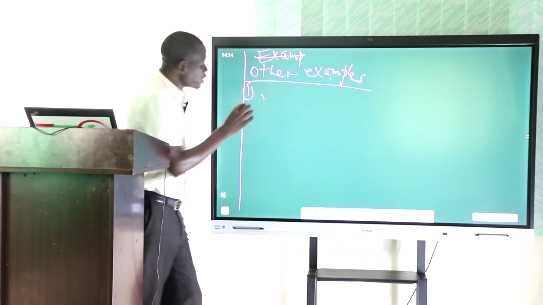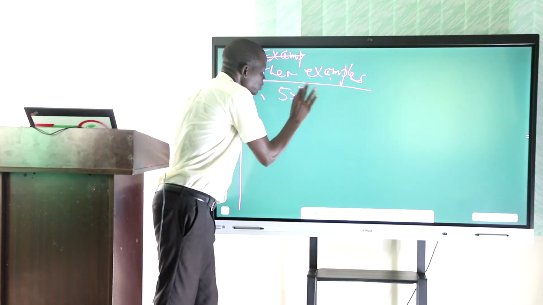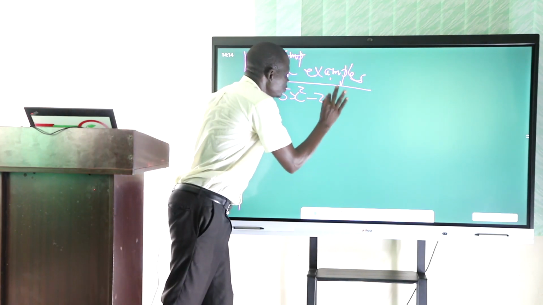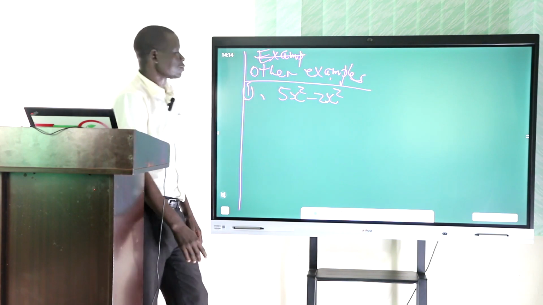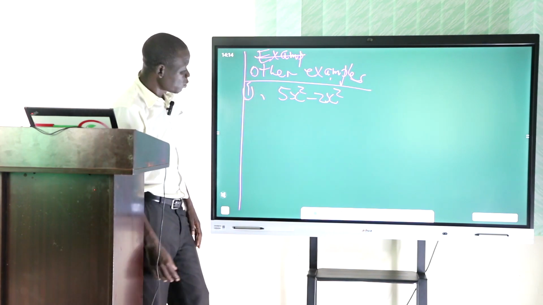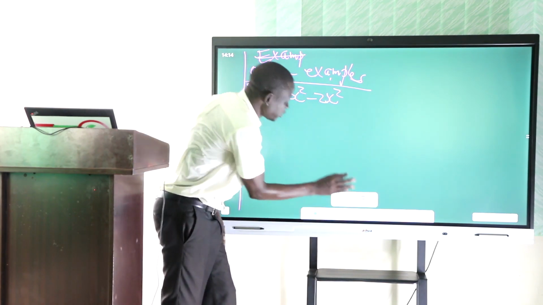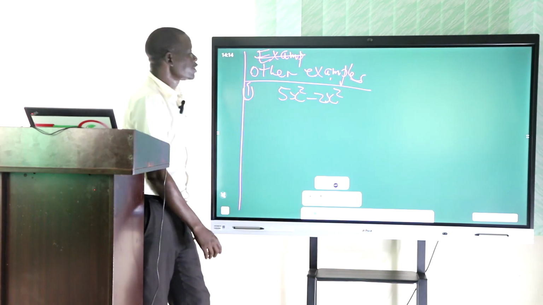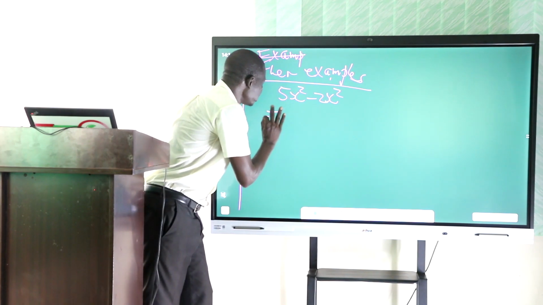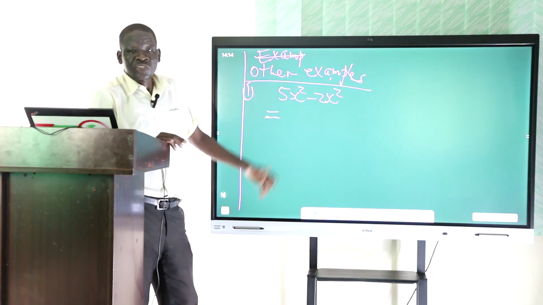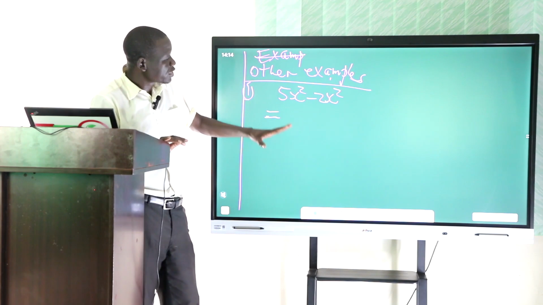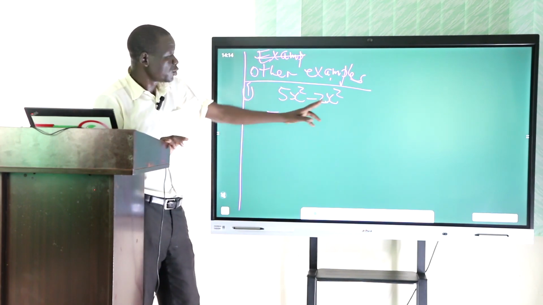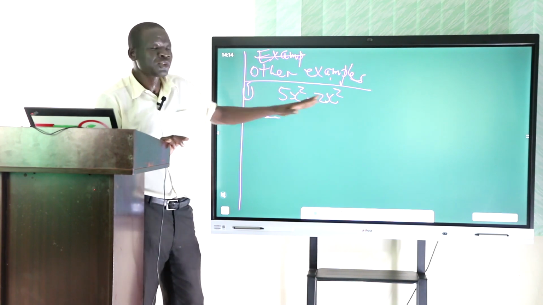Simplify 5x squared minus 2x squared. So for this one here, you can see that the expression consists of some variables, 5x squared, 2x squared. So we subtract.